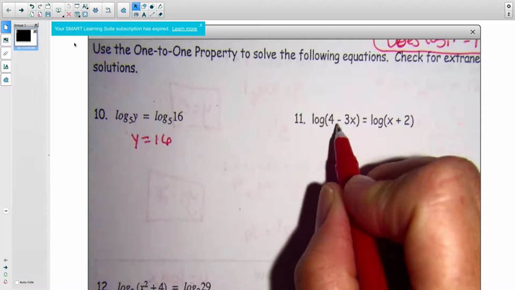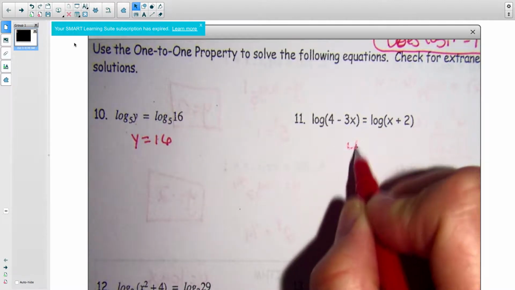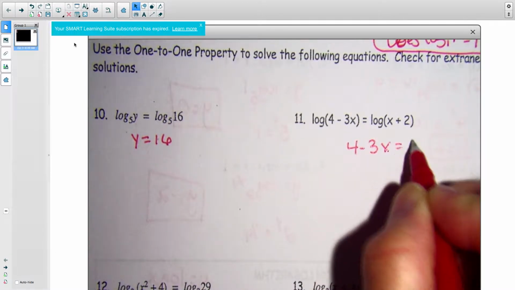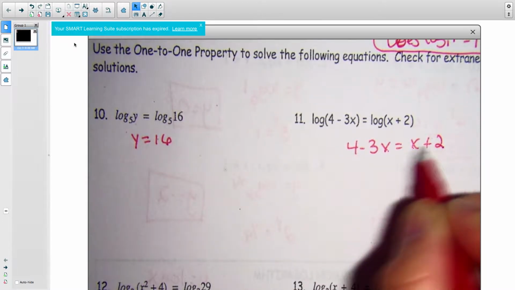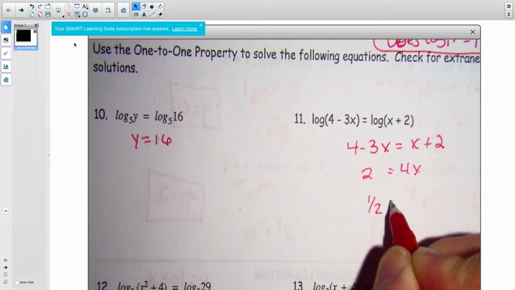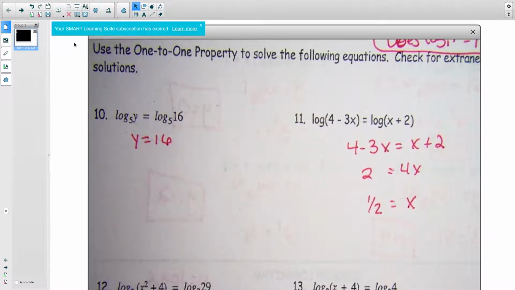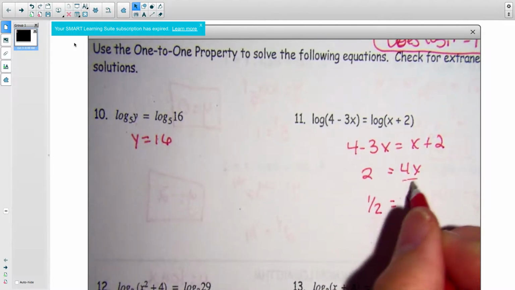So log base 10 of 4 minus 3x equals log base 10 of x plus 2. So 4 minus 3x equals x plus 2. So 4x equals 2. X equals 1/2, ladies and gentlemen, not 2. Some people will give me an answer of 2. You have to divide by 4.